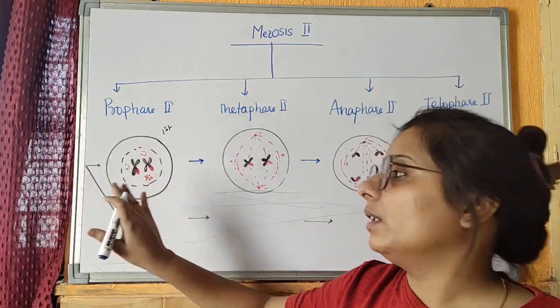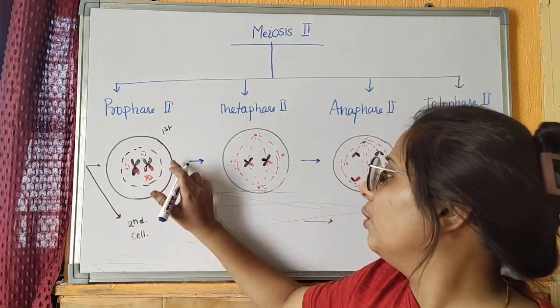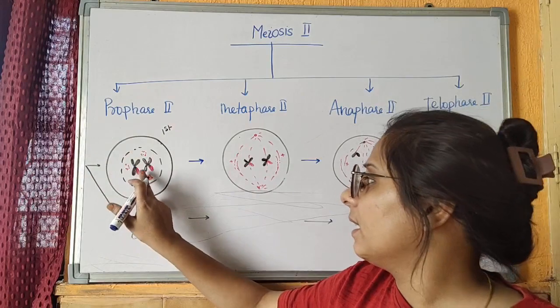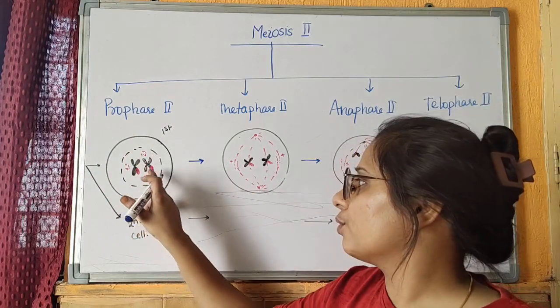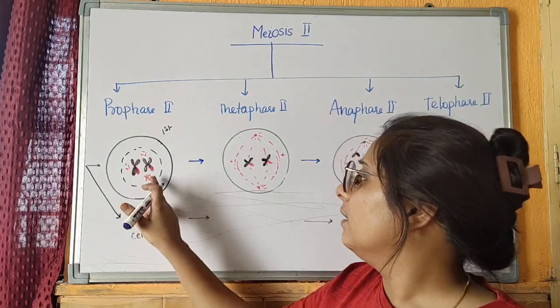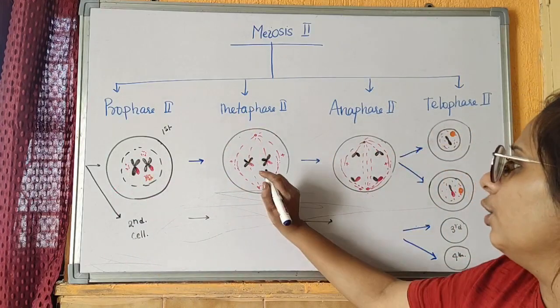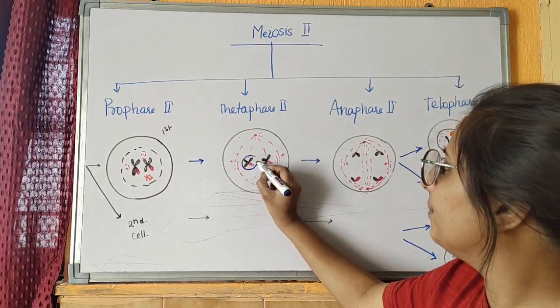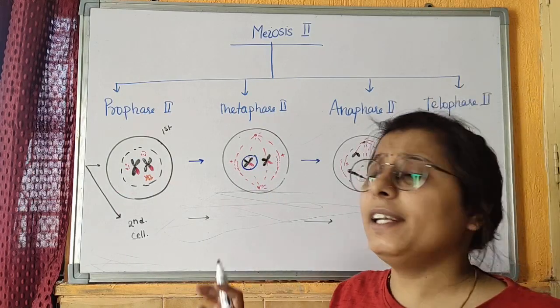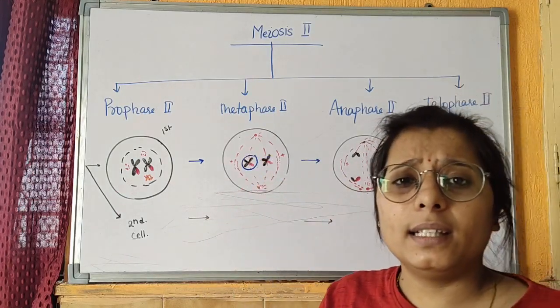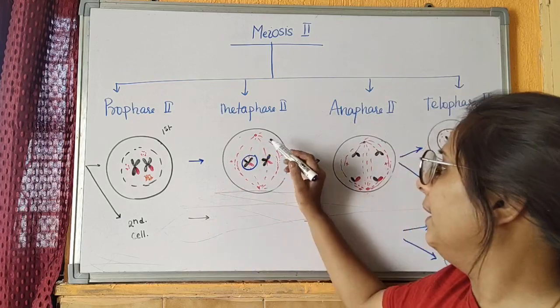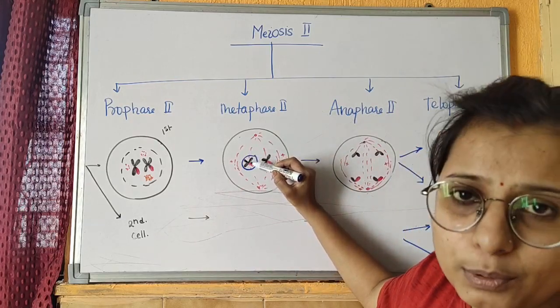In prophase 2, the dissolution of the nuclear envelope occurs and the condensation of the chromosomes occurs, and then the nucleoli disappear. In the metaphase 2 stage, the chromosomes get aligned on the metaphase plate, and that occurs due to the binding of kinetochore microtubules to them.